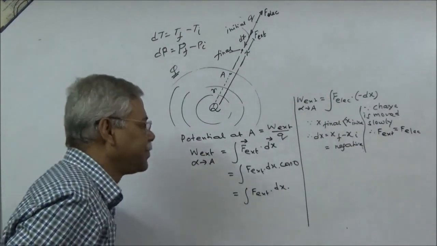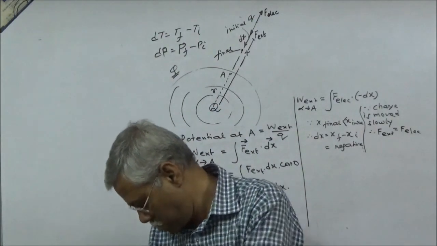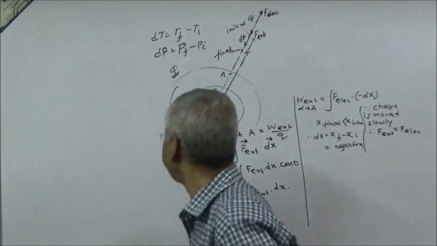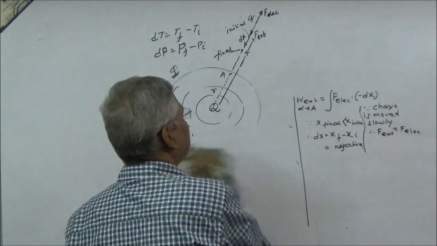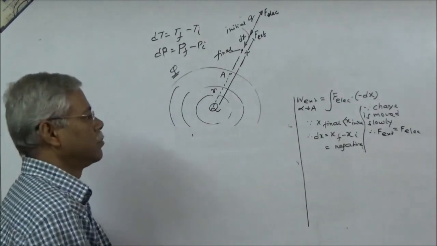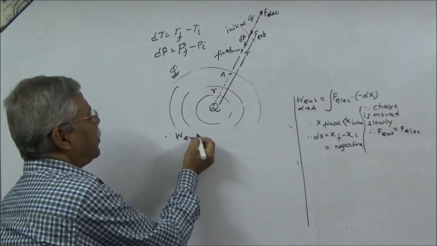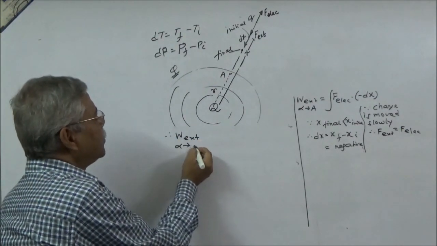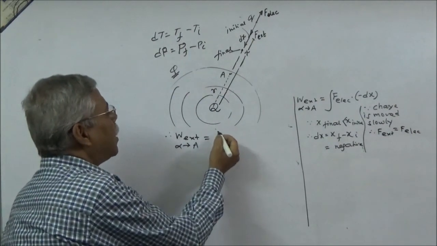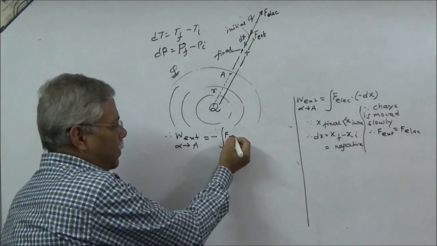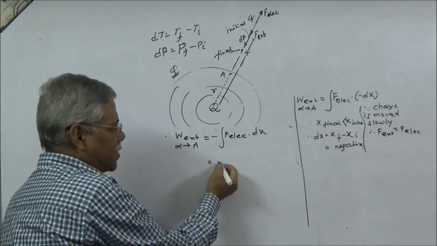Hence, now let us find W external from infinity to A, equal to minus integration F electrostatic into dx.